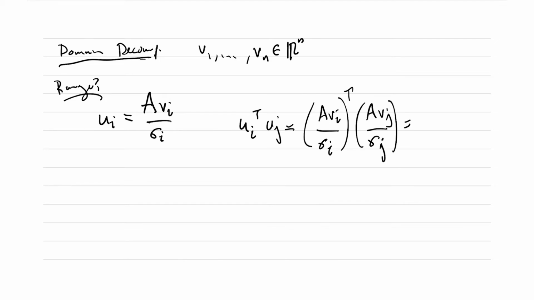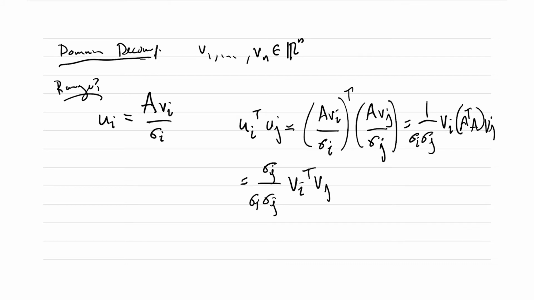and this is going to be (A v_i over sigma_i) transpose times (A v_j divided by sigma_j), and then using our operations, we get 1 over sigma_i sigma_j, and then we get v_i transpose times A transpose A times v_j. But we just declared that v_j is the eigenvector for A transpose A with eigenvalue sigma_j squared, and so this gives us sigma_j squared divided by sigma_i sigma_j, just leaving that in here for clarity, times v_i transpose times v_j.